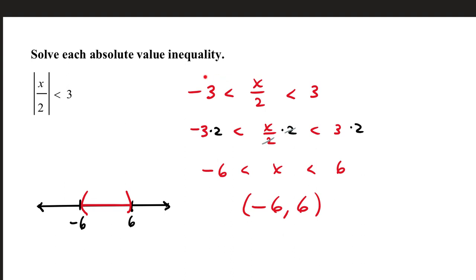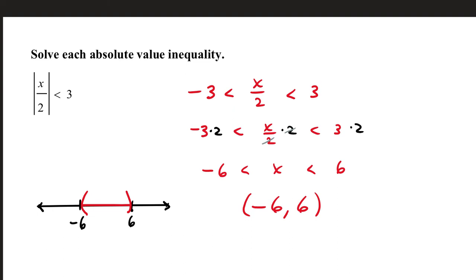If you go left 3, you have to stop at negative 3. If you go right 3, you have to stop at positive 3. A distance of less than 3 units puts you somewhere between negative 3 and positive 3 on a number line. So that's why we take x over 2 and we trap it between those two numbers.